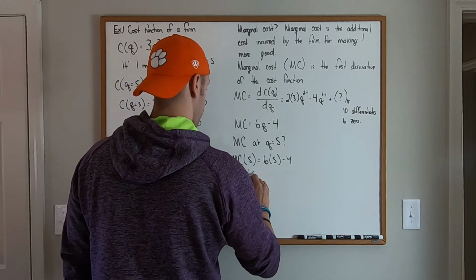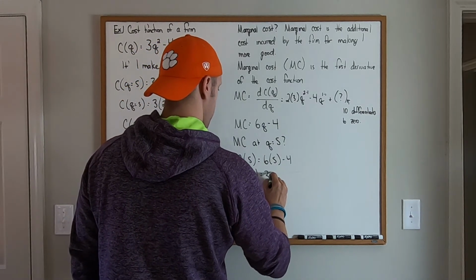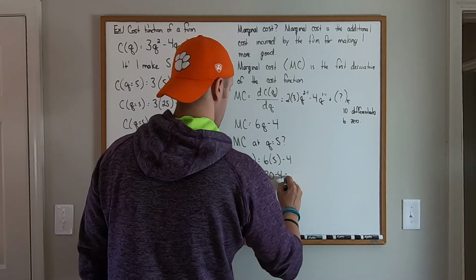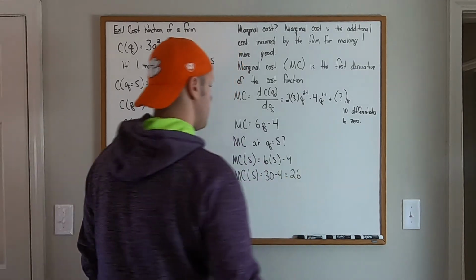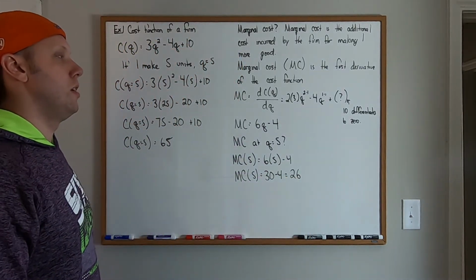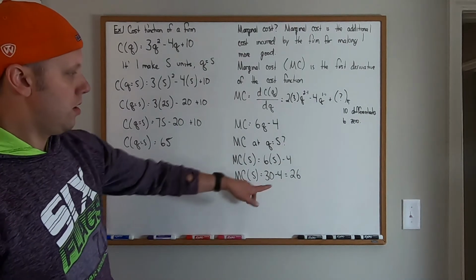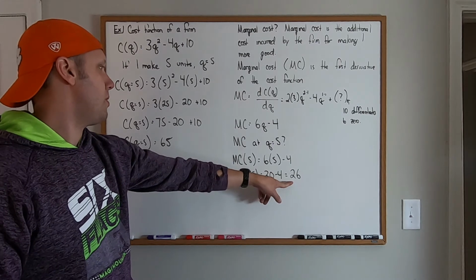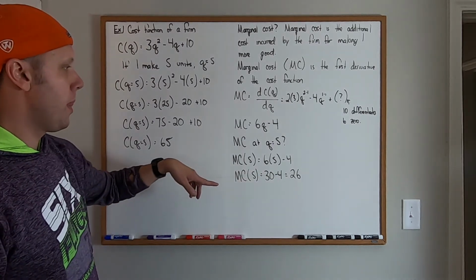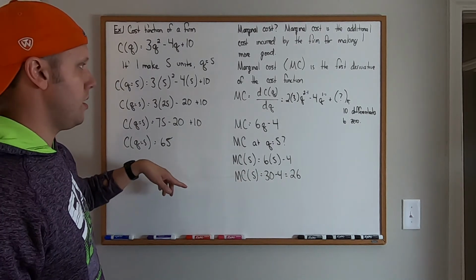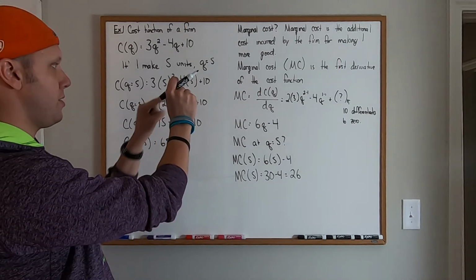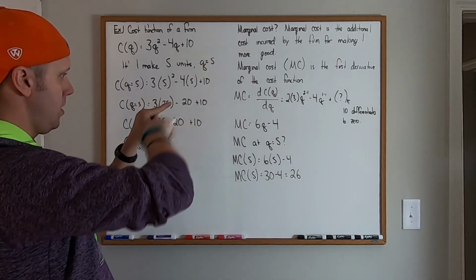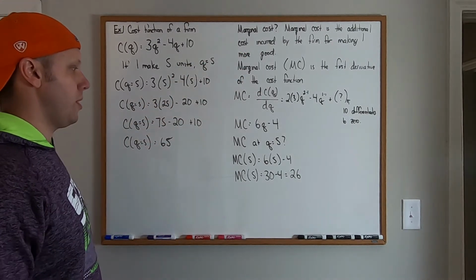Marginal cost of 5 units is equal to 30 minus 4, which is equal to 26. So the marginal cost of making my 5th unit is $26. Right, so if I were to go from my 5th to 6th unit, it's $26 to make one more unit.